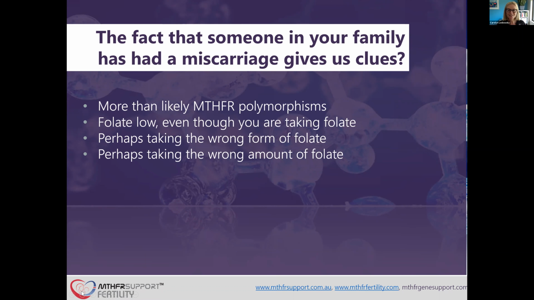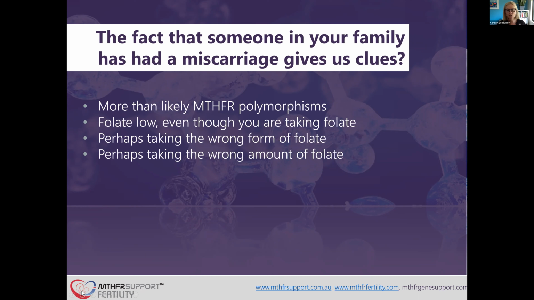The dose does matter. So we are told by health policy makers that 500 micrograms is what you should be taking of folic acid, and I'm going to explain the difference between folic acid and folate today.